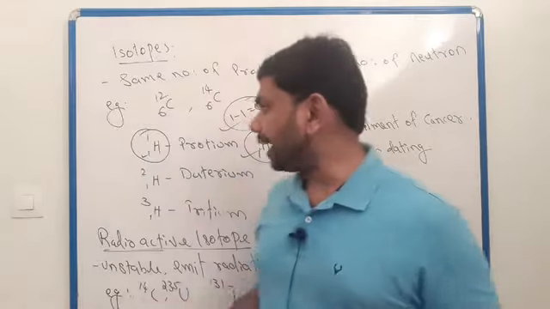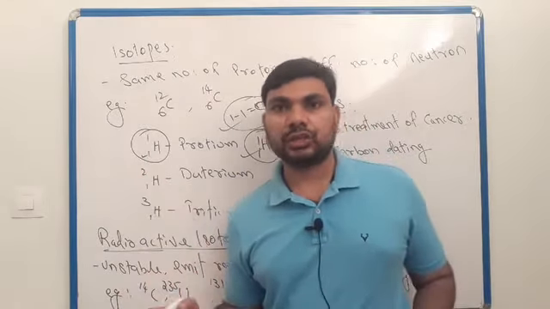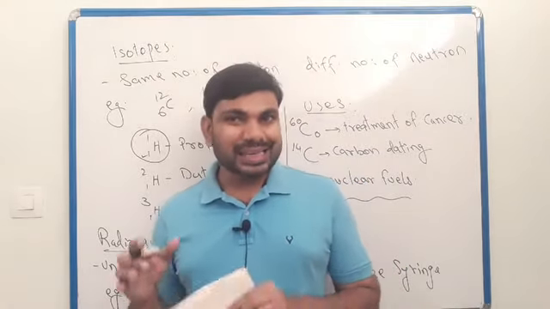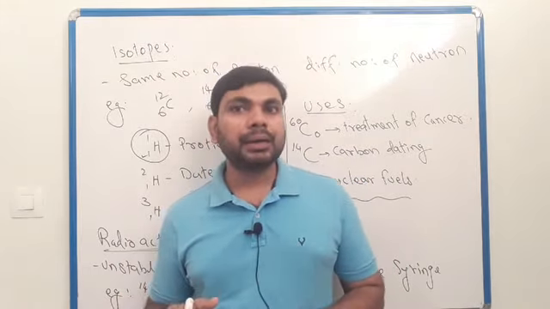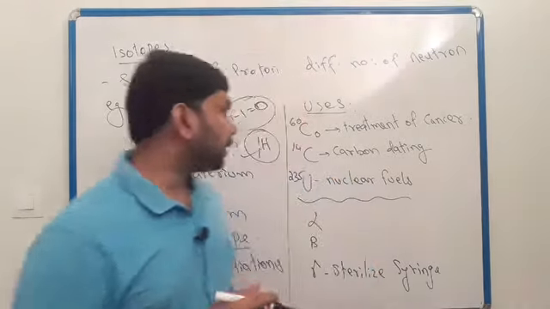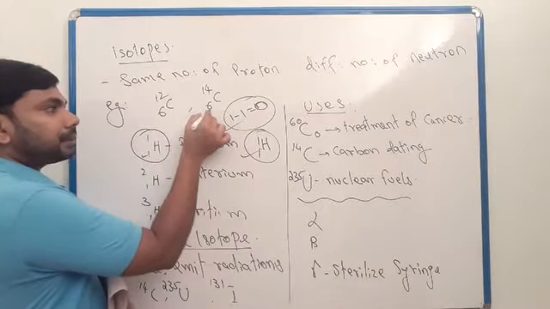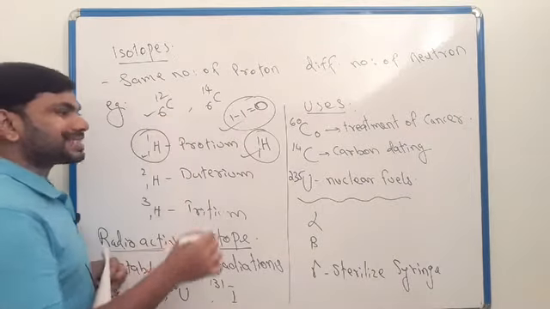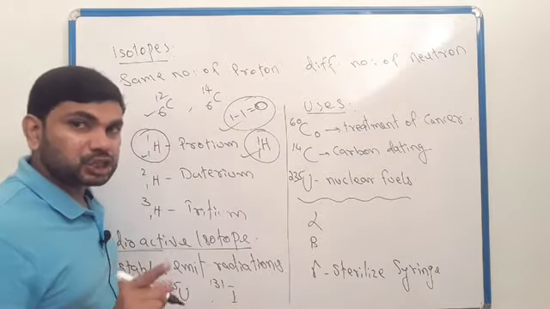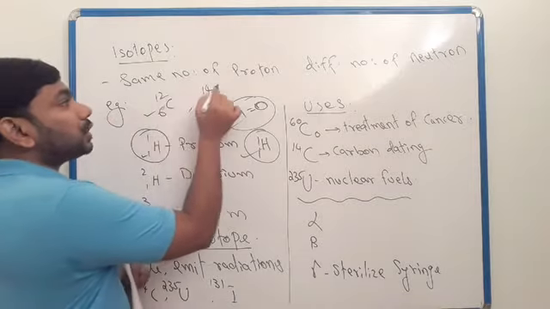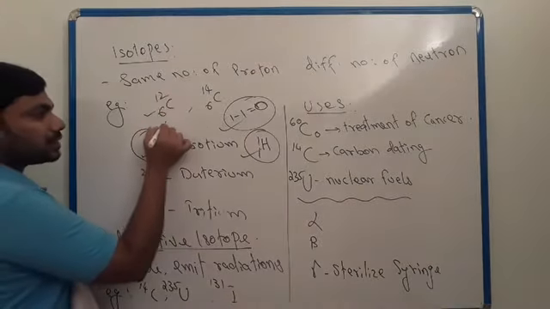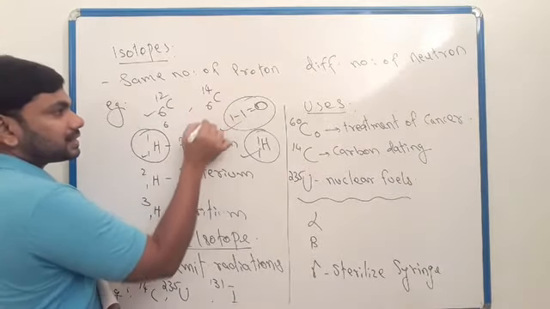Okay, so the definition of isotope: different atoms of the same element have the same atomic number but different mass numbers. So the atomic number, or you can say proton number, is the same. Look here, 12 minus 6, 6 neutrons; 14 minus 6, 8.